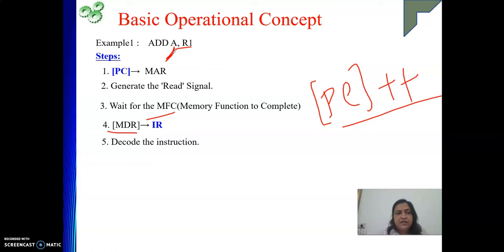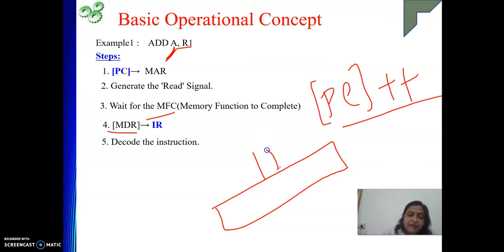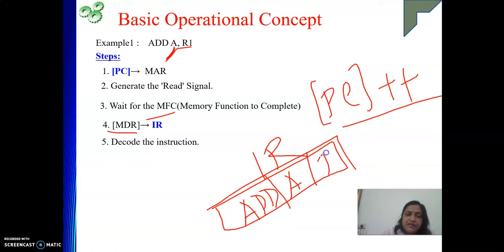So we'll do that. Where do I need to give the address to get the data from A? Into MAR. And where will I get A from? From somewhere in the IR, because the instruction is there in IR. In IR, add is there, A is there, R1 is there, in some binary form.